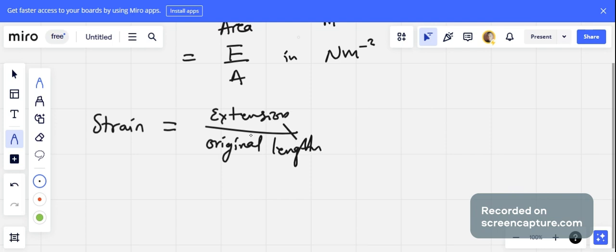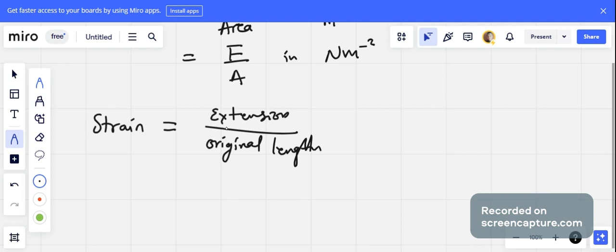When you talk about strain, you are looking at how deformed the body is from its original length. That's what you are trying to measure.